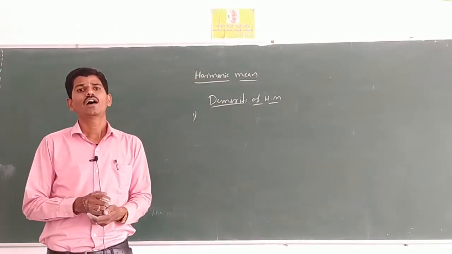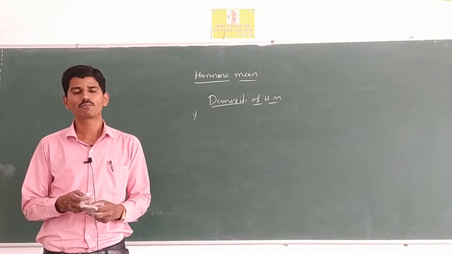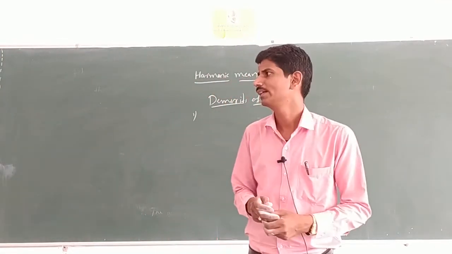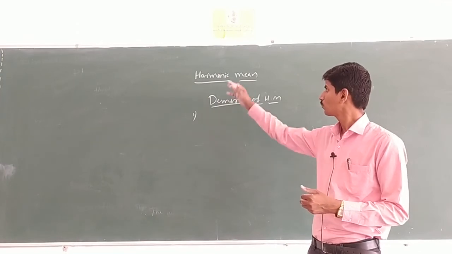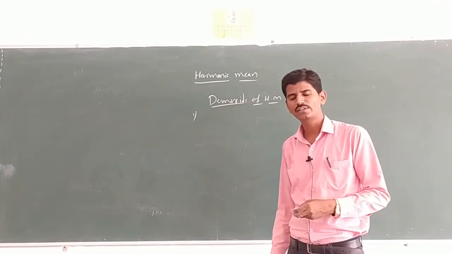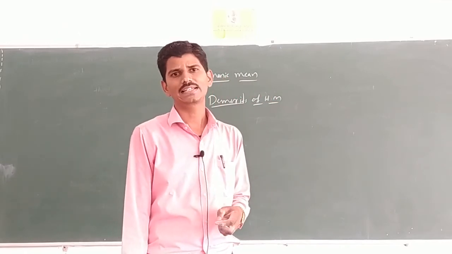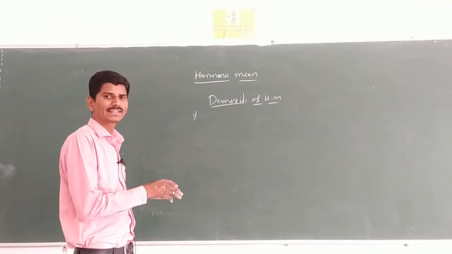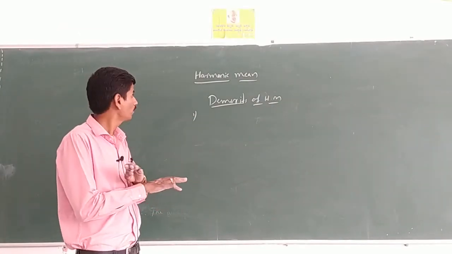The second one: it cannot be calculated when there are both positive and negative values in the series. Harmonic mean cannot be calculated when both positive and negative items are there in a series.